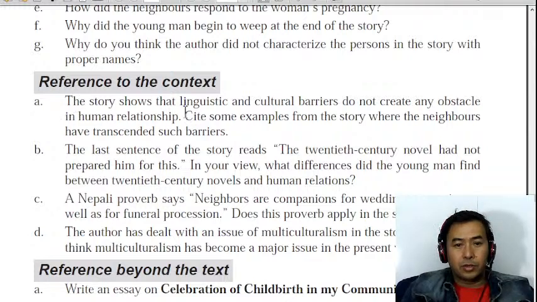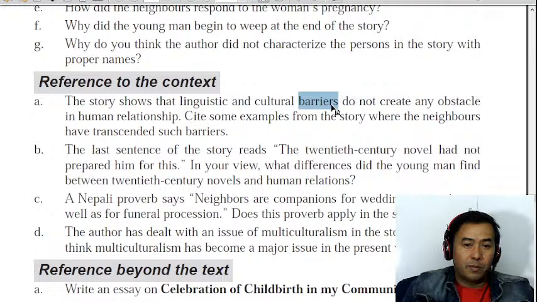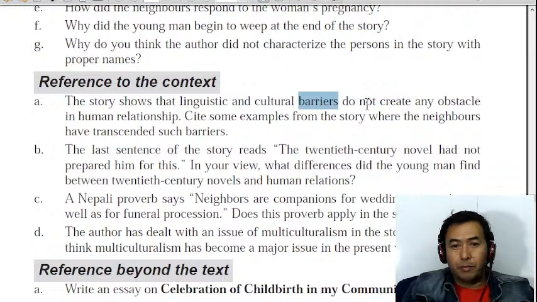The story shows that linguistic and cultural barriers do not create any obstacles in human relationships. Linguistic stands for language, and cultural activities, because different cultures are there, so different people observe different cultures. The story shows that there is no bar, no obstacle, to developing human relationships.